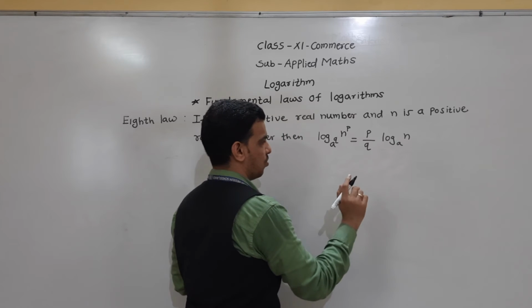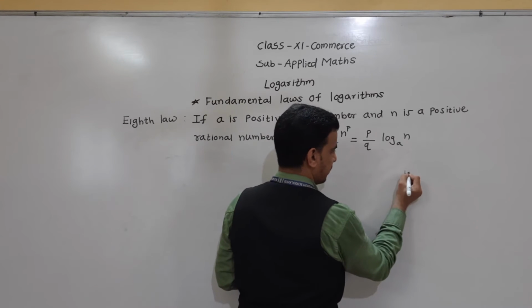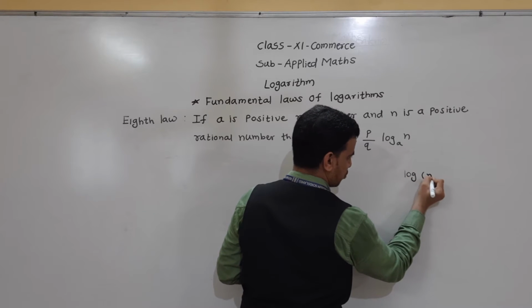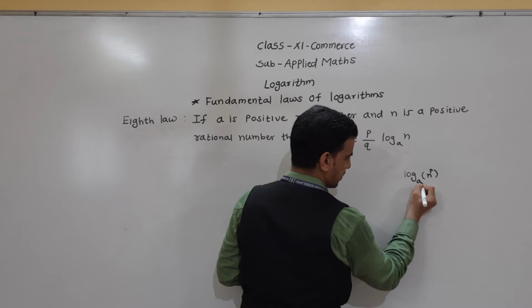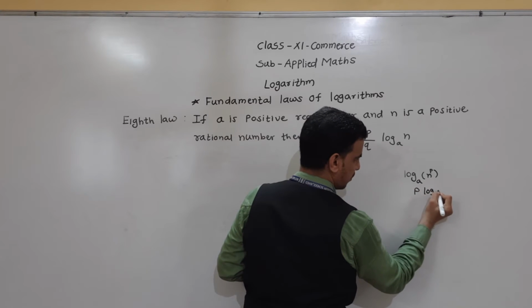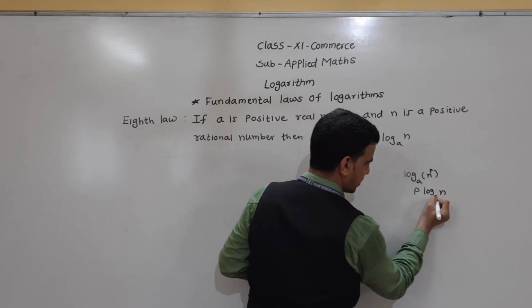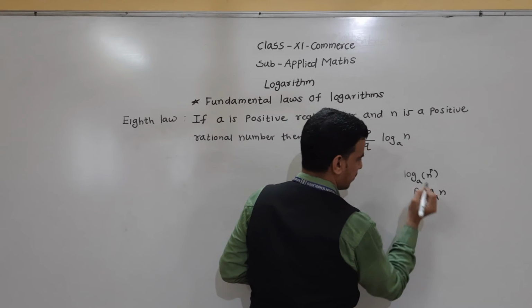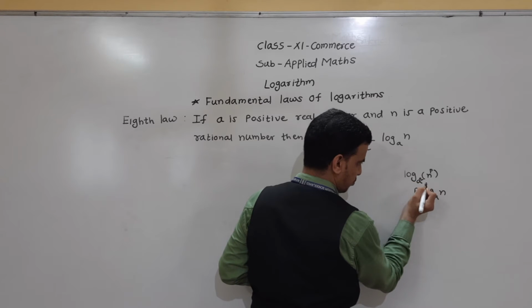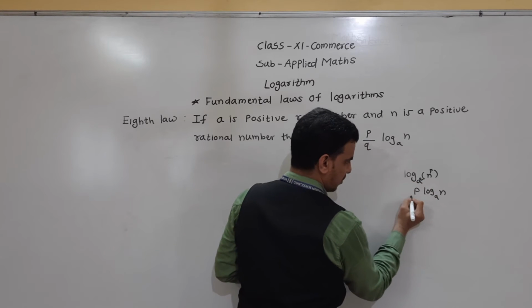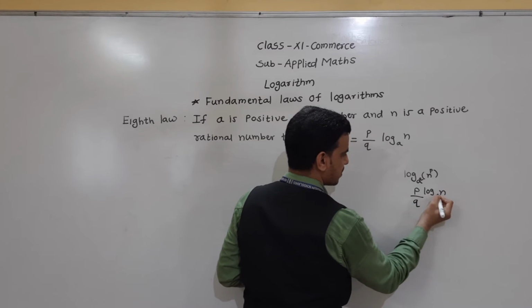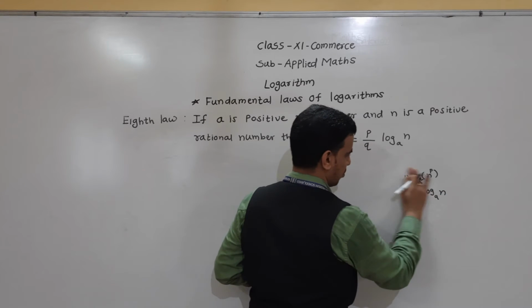Okay, so already we learned that if log of n raised to p is there to the base a, then we can write p into log of n to the base a. Okay, but if the base is raised to something, suppose a raised to q is there, then this q comes in the denominator, so p by q log n to the base a. Okay, so we have to prove this law.